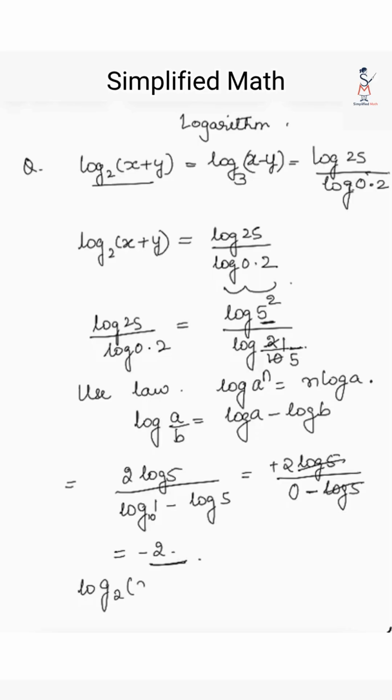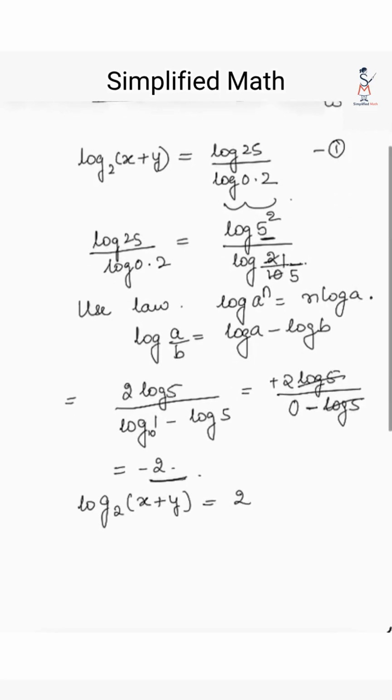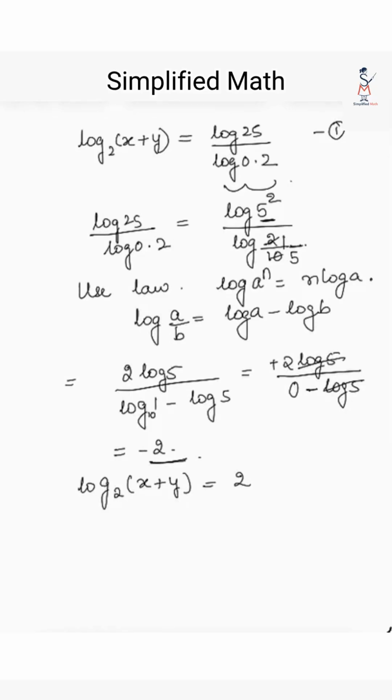So now I can write this first equation as log (x plus y) to the base 2 is equal to minus 2. Now we will change this into exponential form. How to change it into exponential form? Log b to the base a is equal to y.